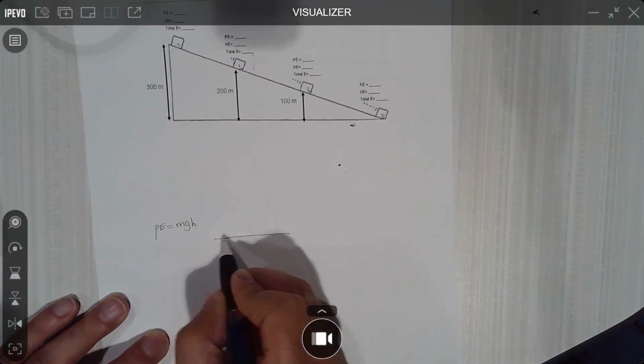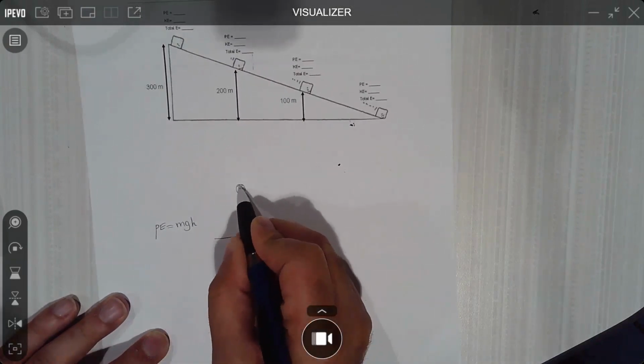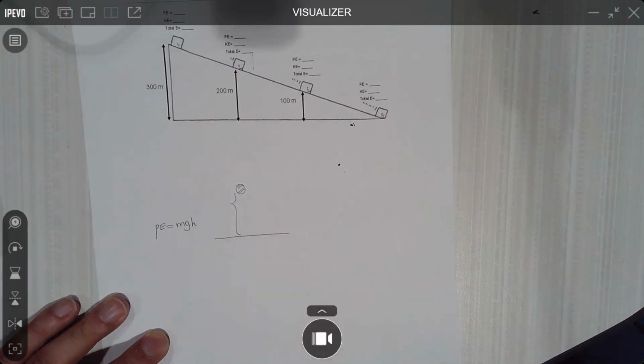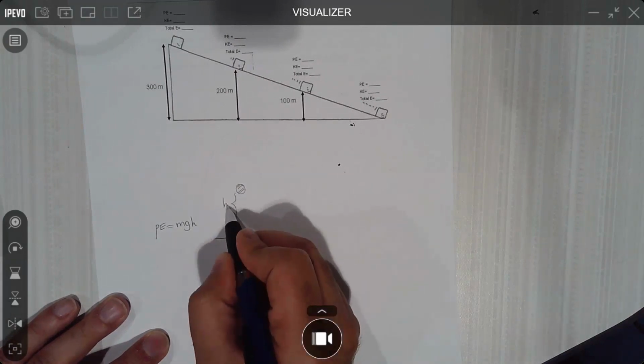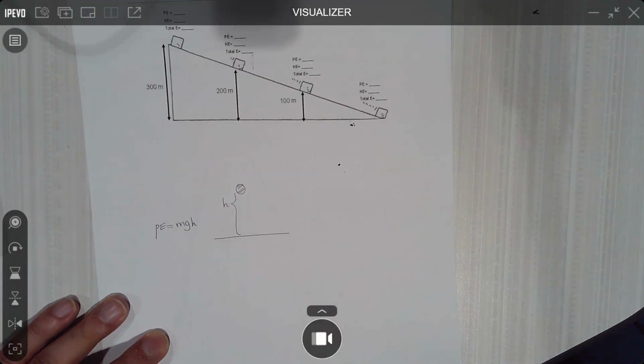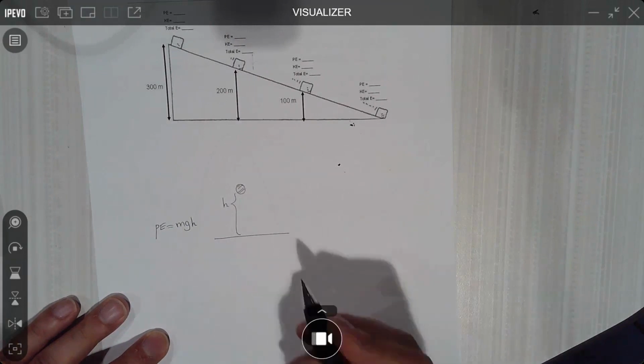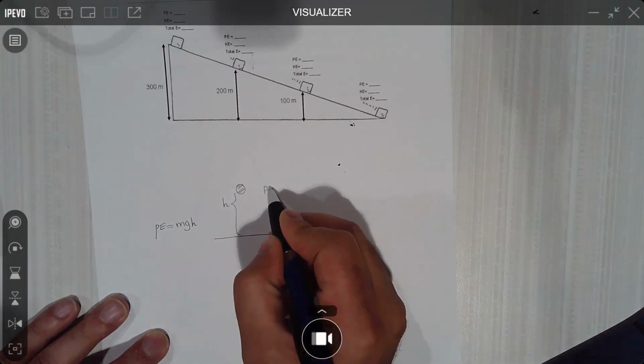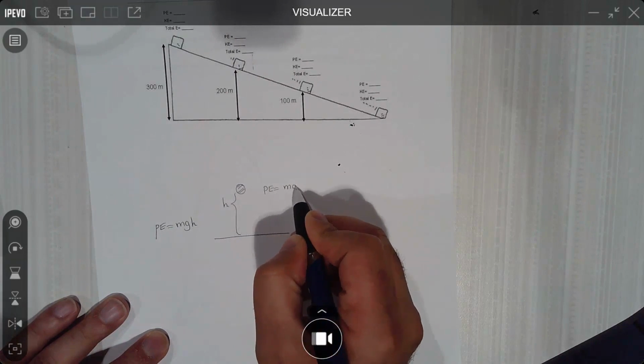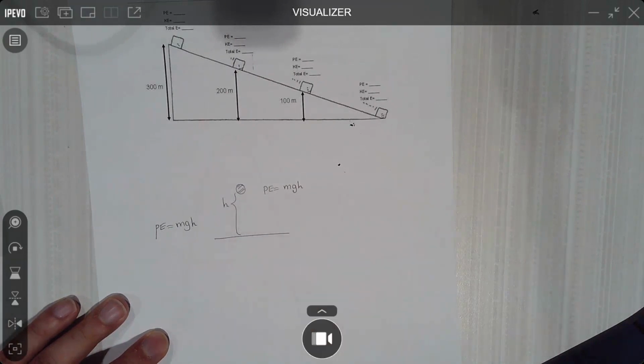It means that if an object is above the surface by h meters and you release it, the energy is stored in this object. We can say this object will have potential energy, which is mgh.